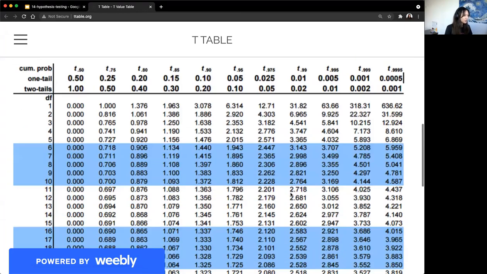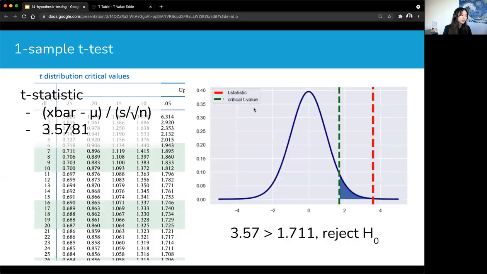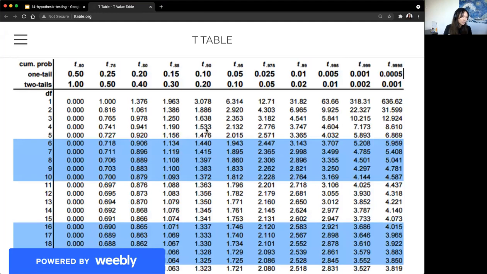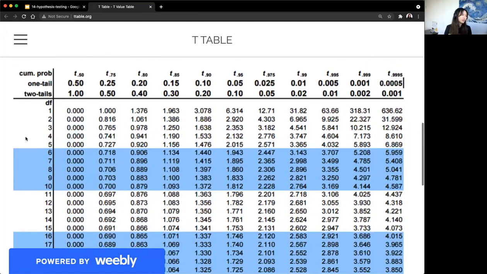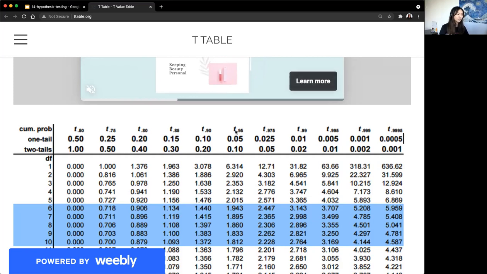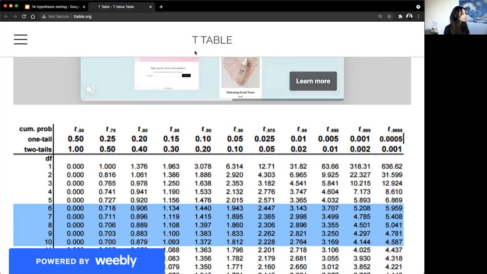Okay, so what do we have here? We're doing a one-sample t-test that is one-tailed. The way that we read the t table is we need to know several things: one, the degrees of freedom, which is on the side here, and then also the alpha and whether it's a one-tailed or a two-tailed test. And then from there, you just read out your number that you can compare your t-statistic to.